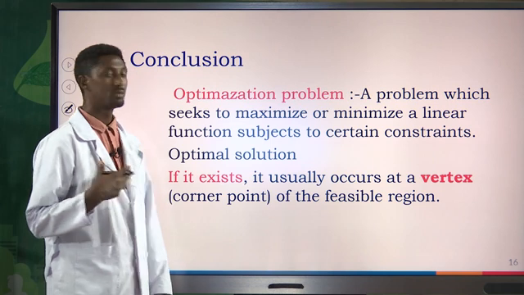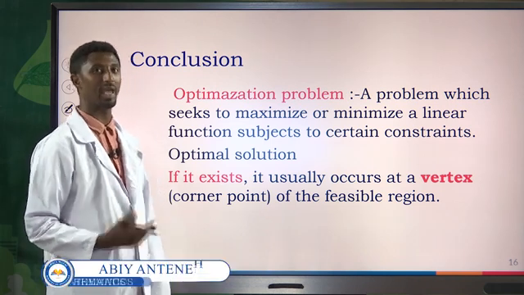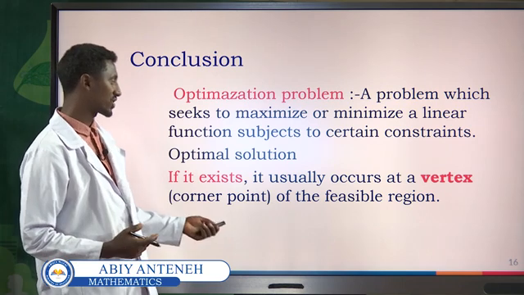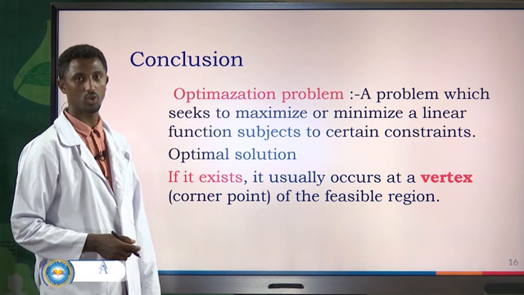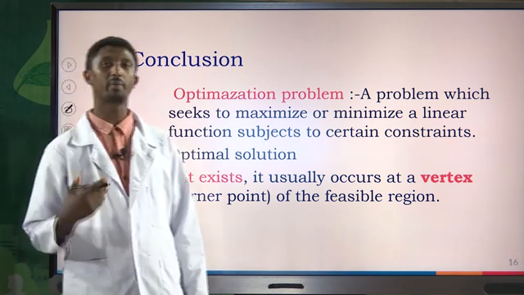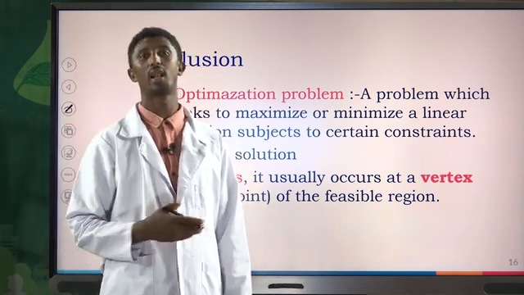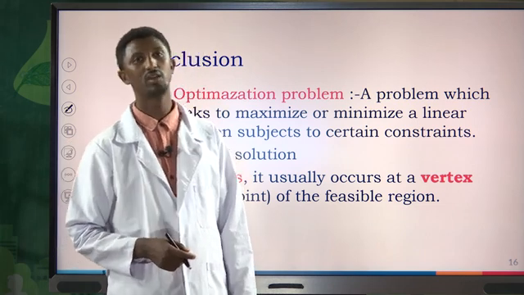If the optimal solution for a linear programming problem exists, it usually occurs at a vertex or corner point of the feasible region, or it may also exist along boundary lines. So this is all about the lesson. See you next time.